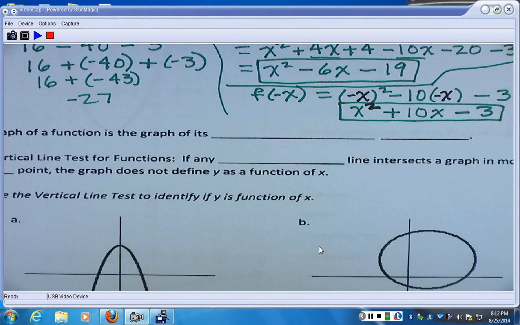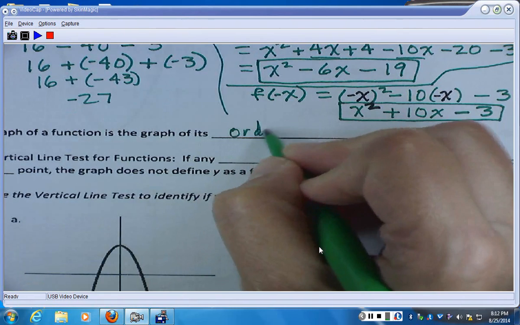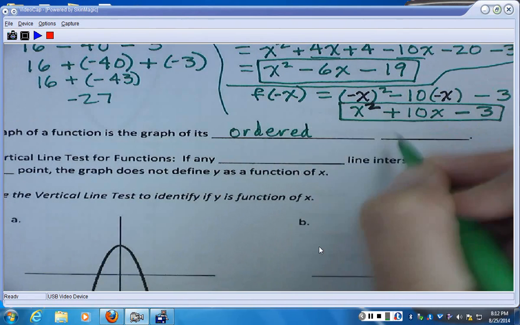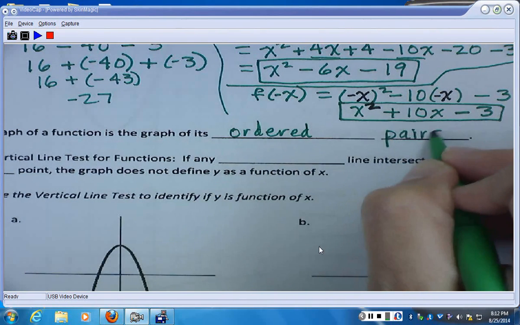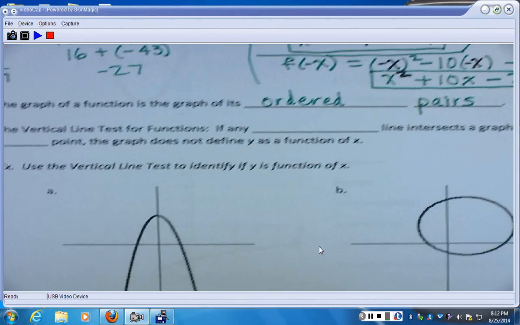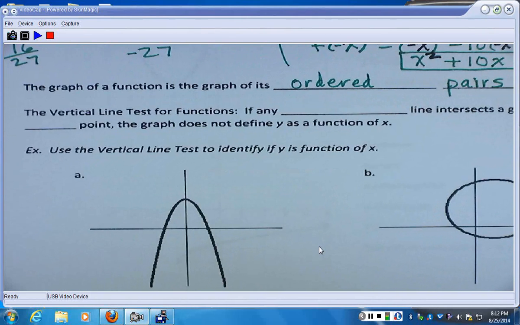All right, and the graph of a function is the graph of its ordered pairs. Okay, and here's my favorite test for functions that I was using before I got to this.